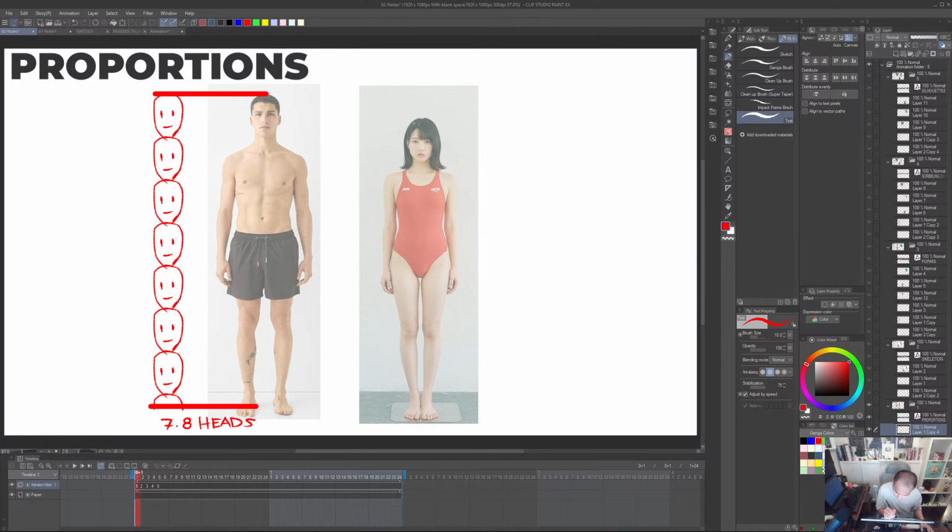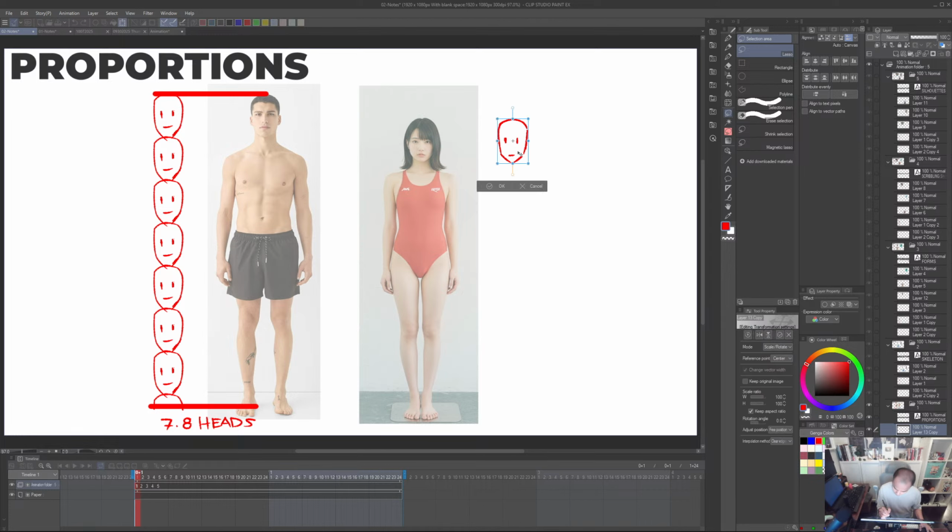And if we do the same for the female over here, we're only doing a rough measurement, for us to understand where we are at. Let's do the same.